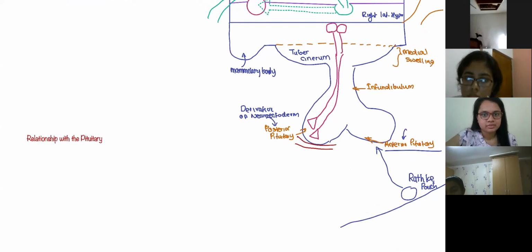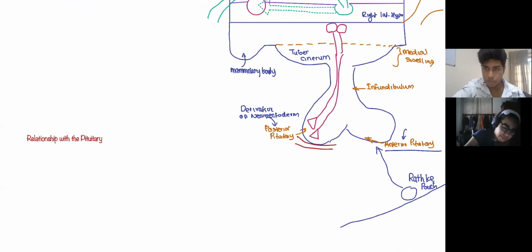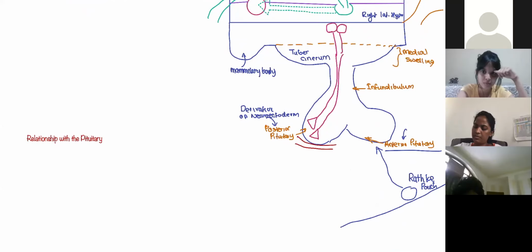This is basic endocrine knowledge. Can someone tell me those two hormones? It's very simple. No, it's oxytocin and ADH. Okay. These are the two hormones that are produced in the hypothalamus.